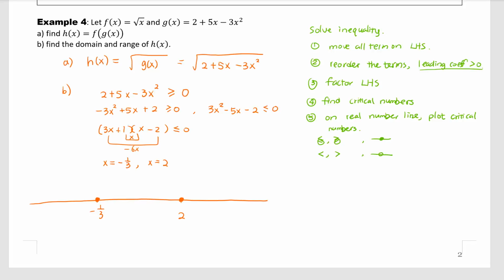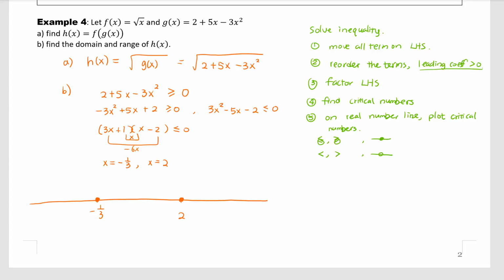Okay, and then next, there are 2 ways to figure out which region, which subinterval is positive or negative. Method 1. On each of the subintervals. So you can see the real number line separated by the 2 points, so into 3 subintervals.